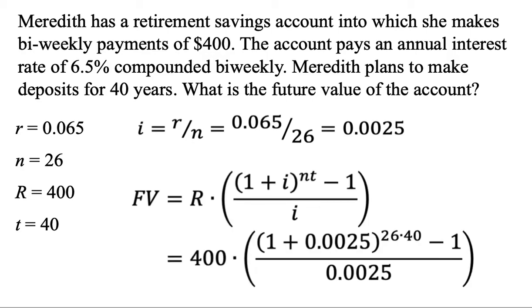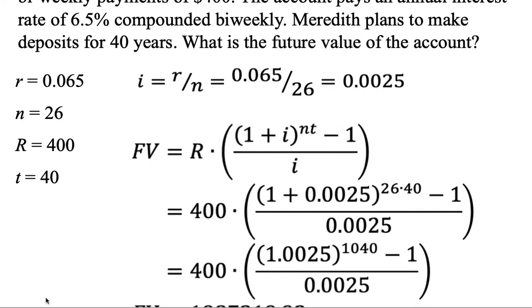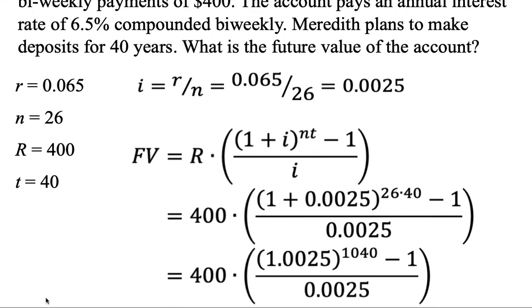Plugging into the future value equation, we now have 400 times the quantity 1 plus 0.0025 raised to the 26 times 40, minus 1, over 0.0025. We can simplify that so that now it's 1.0025 to the 1040 minus 1 over 0.0025.